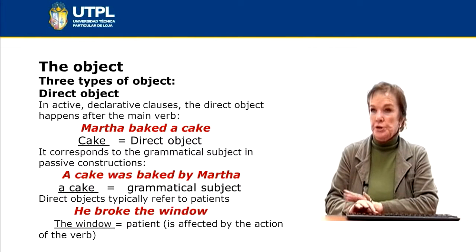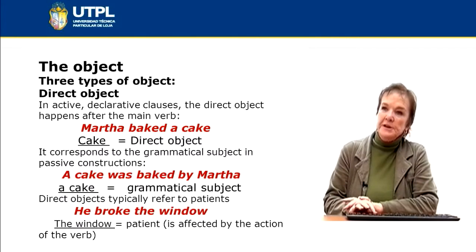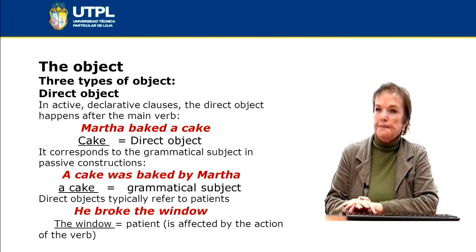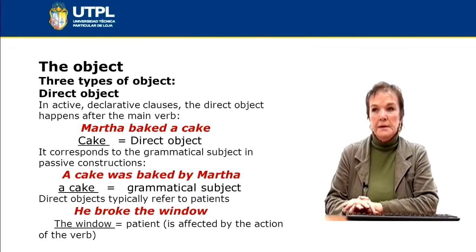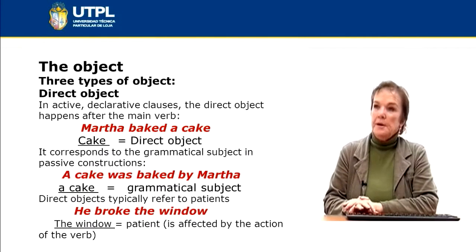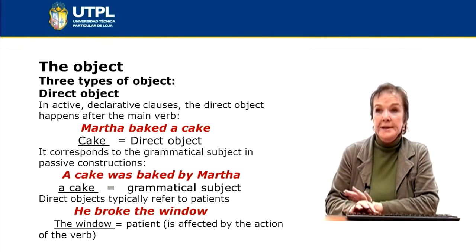Pay attention to the example, the same example as in the previous explanation. Marta baked a cake. Cake is a direct object because it is directly affected by the action of the verb. It corresponds to the grammatical subject in passive constructions. Pay attention.